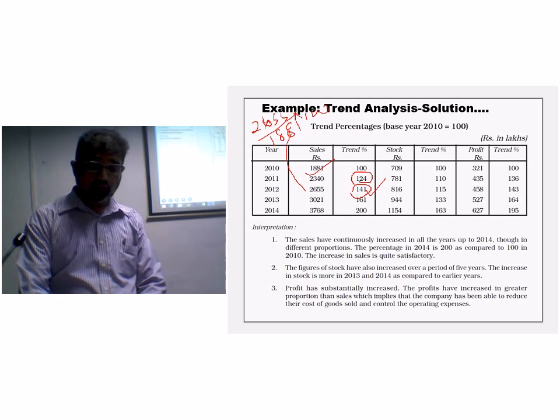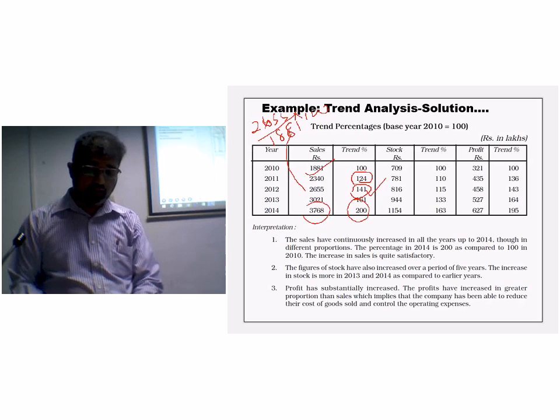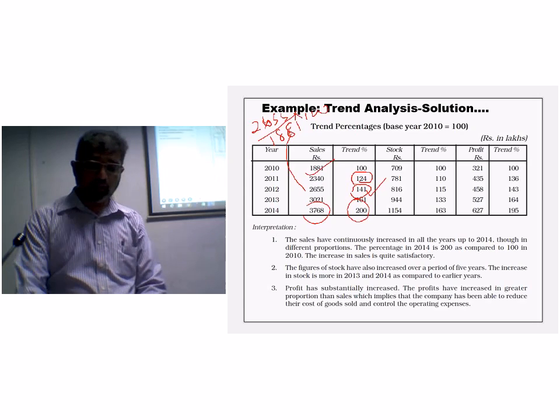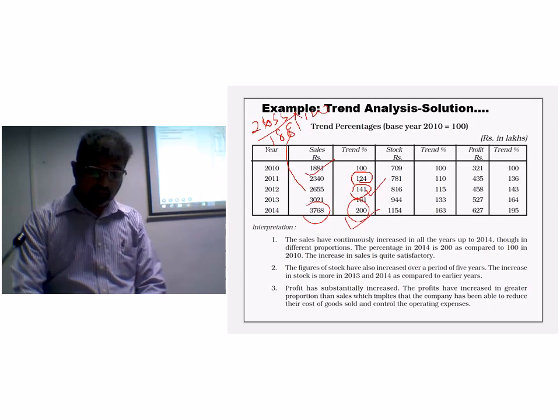And if you take the last one, our value is 3768. You can divide this by 1881 into 100. Your answer is 200.31, approximately 200, right?